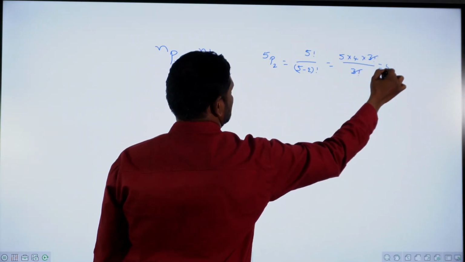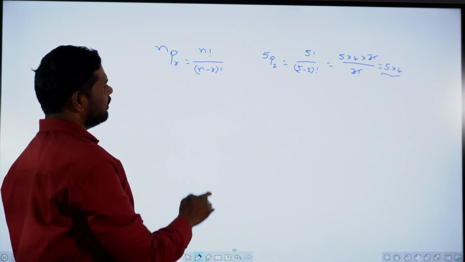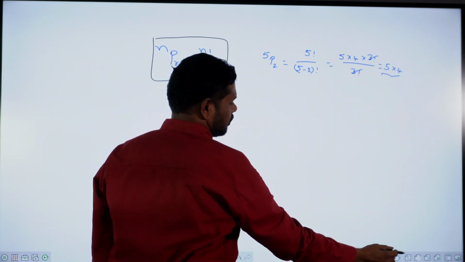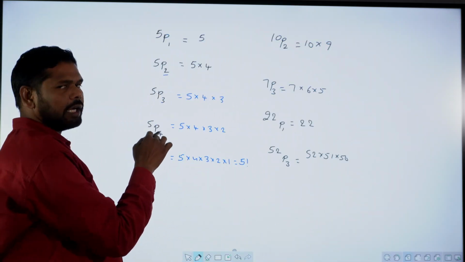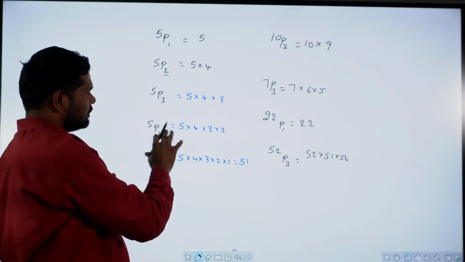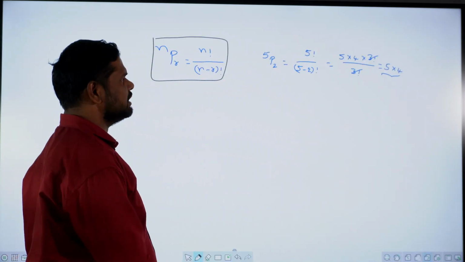These two are cancelled, the remaining terms are 5 and 4, only 2 terms. So after simplification by using this formula, we get 5 into 4. So instead of using that formula every time, we directly write it this way. For simplification purpose, we choose that easy way.